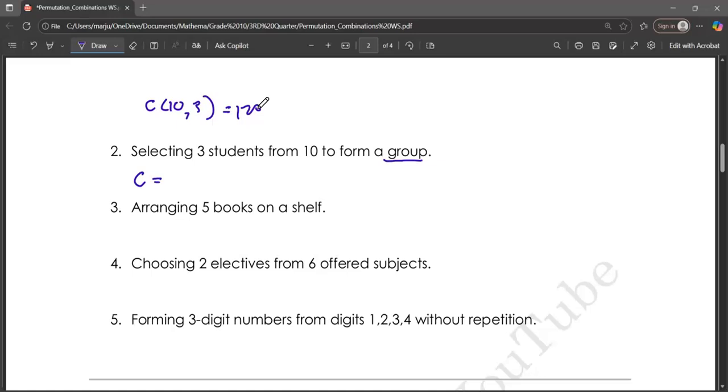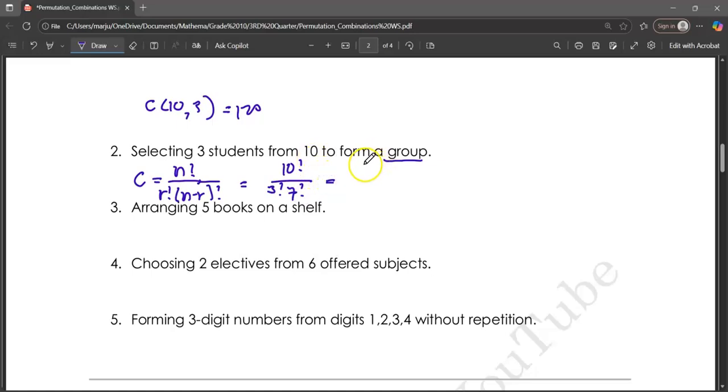But how can we get 120 using the formula? Again, the formula is just n factorial divided by r factorial times n minus r factorial. So we say 10 factorial over, what is r? We have 3 factorial times n minus r, that is 7 factorial.